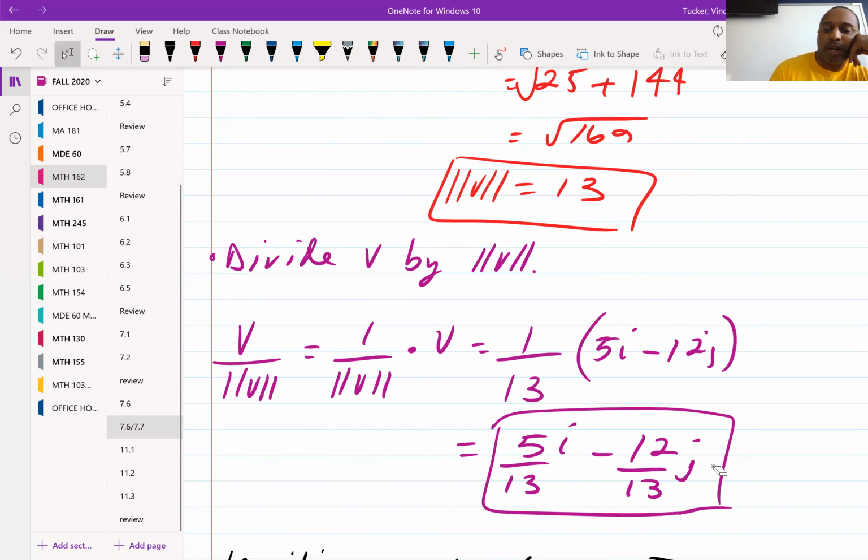And then multiplying each term by 1 over 13 gives you 5/13 i minus 12/13 j. Questions? Any questions?